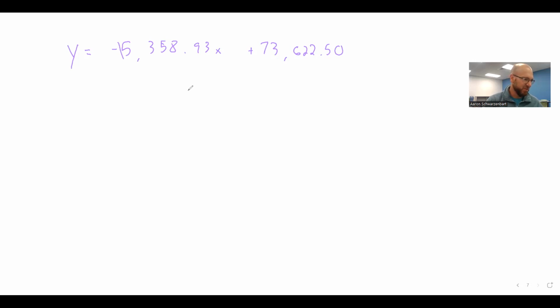Determine the maximum revenue and how to achieve it. So revenue can be found by multiplying the price per box by x. So this was the function for price per box.